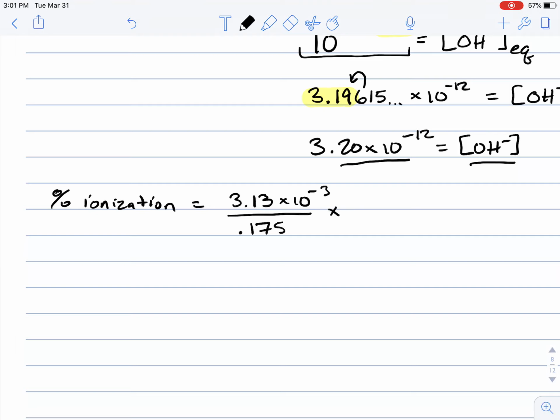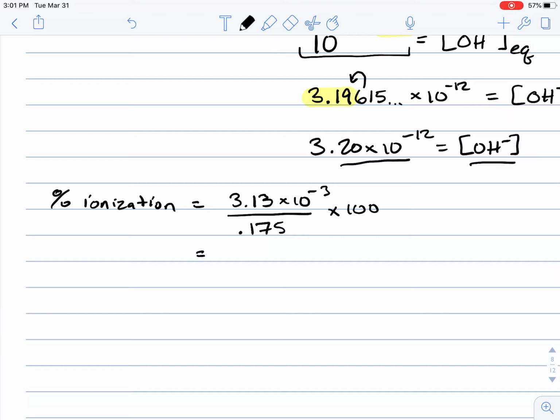And last but not least, we multiply by 100. Let's put that into our calculator: 3.13 times 10 to the negative 3, divide by 0.175, and then multiply by 100.